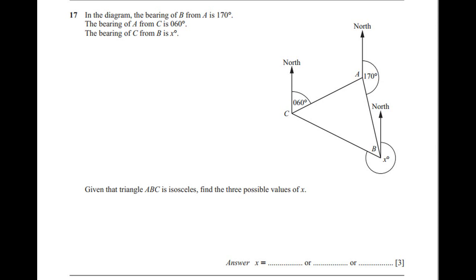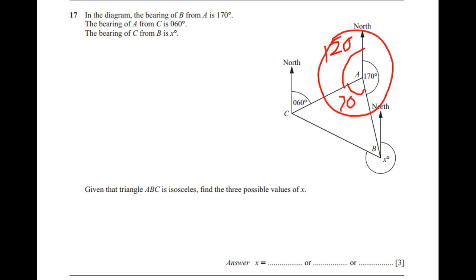Alright, before getting into finding the 3 specific values of x, let's look at certain facts. If this is 60, then this will be 120, right? Because sum of interior angles is equal to 180. And this would be 70.